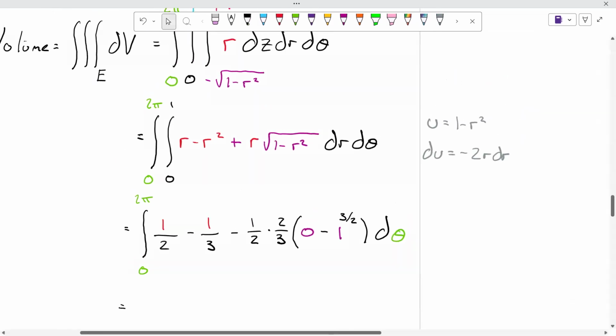In fact, there hasn't been the entire way through this triple integral, which means this is a separable function as far as theta is concerned, so I could have separated the theta integral out at any time, because I'm just going to get a result of 2 pi when I integrate d theta.